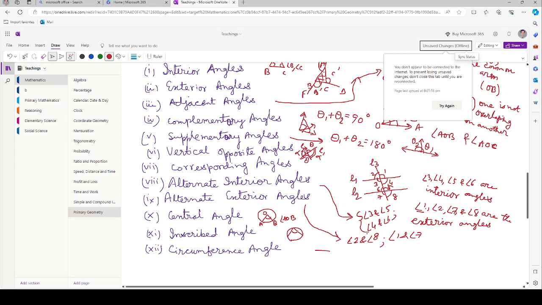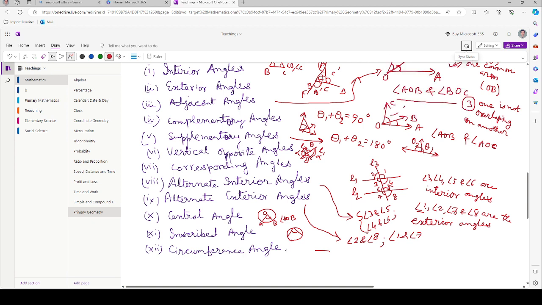This is inscribed angle. A, B, C. This is inscribed angle.